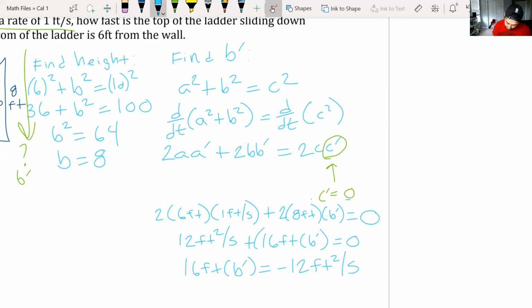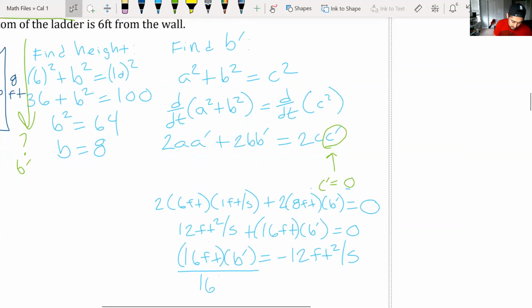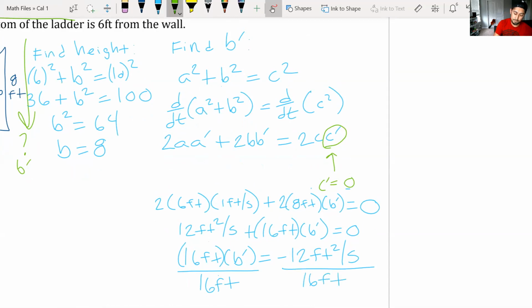Maybe I keep these in parentheses the whole way in case my T looks like a plus sign. Okay, all right. Divide by 16 feet. My units of feet will reduce. Those feet are gone.